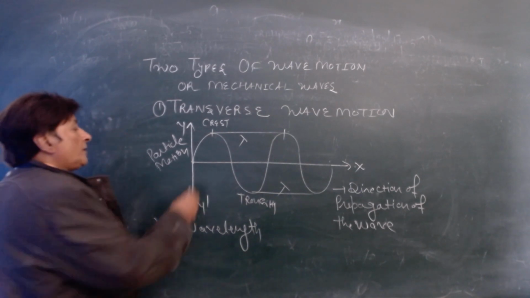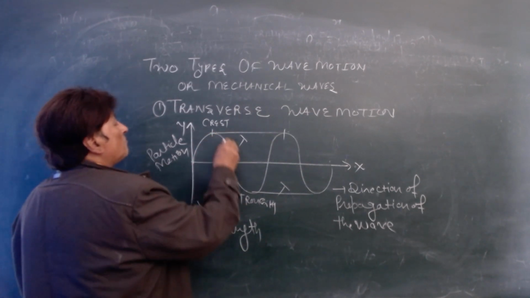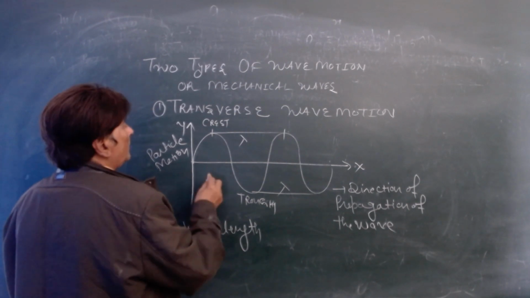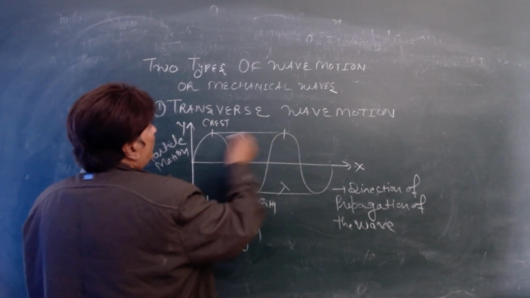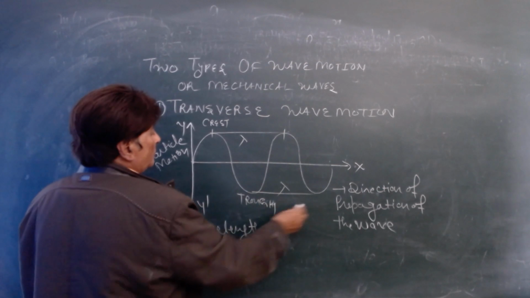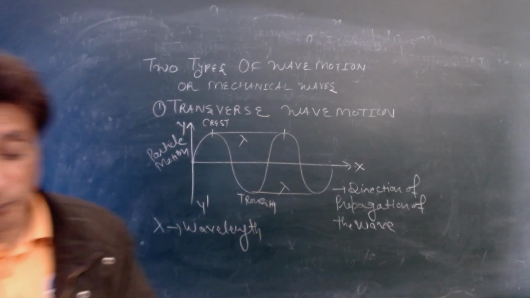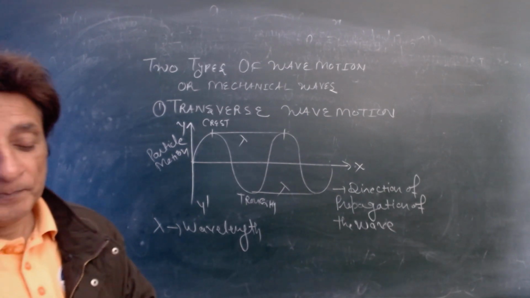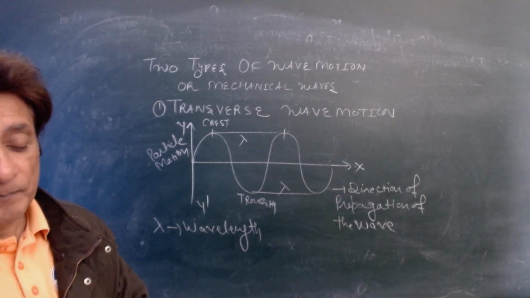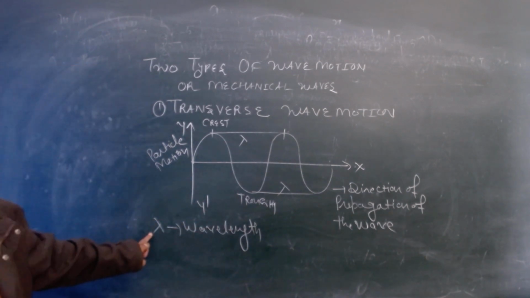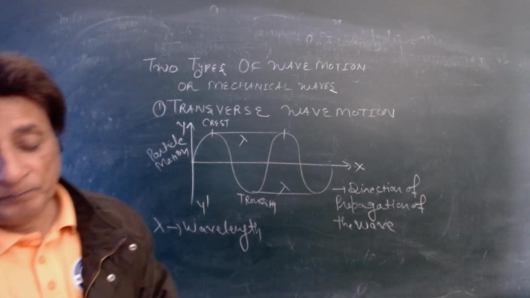The distance between two consecutive crests or two consecutive troughs is called what? Wavelength. Correct. It is denoted by lambda.